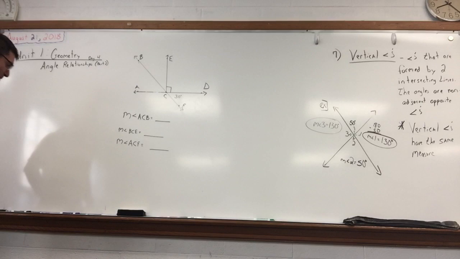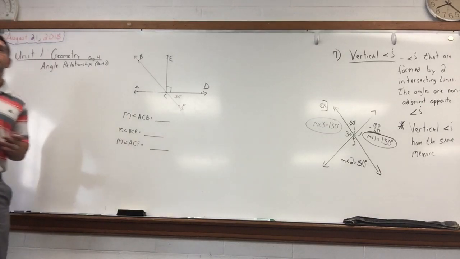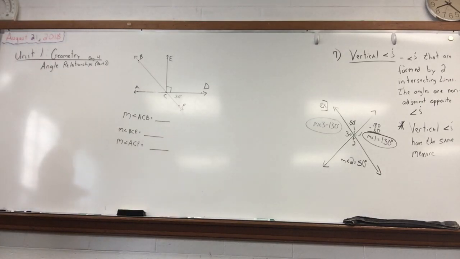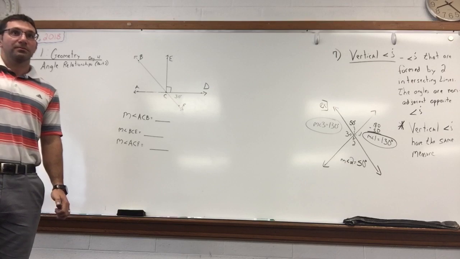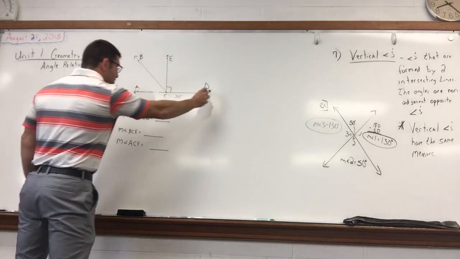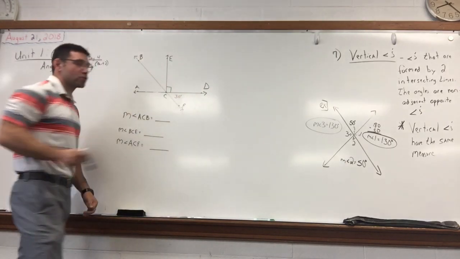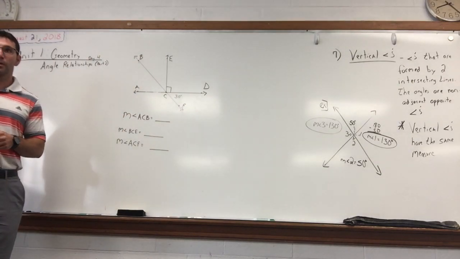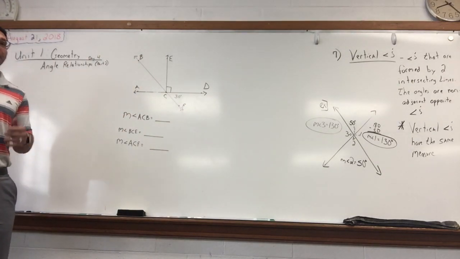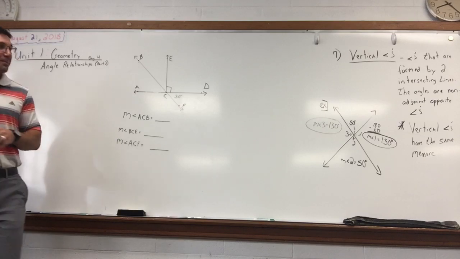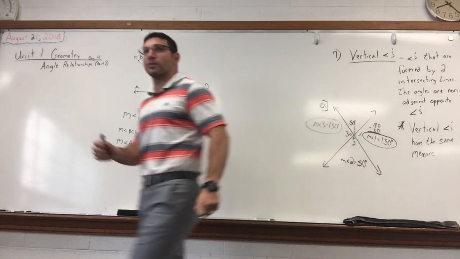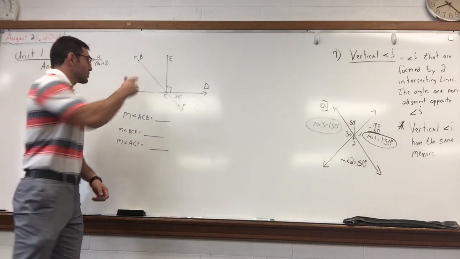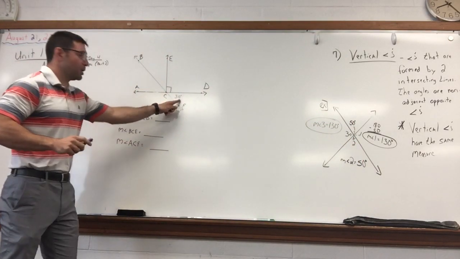Okay, so here's how I would attack this problem. Do I have straight lines? I want thumbs up, thumbs down. Do I have straight lines? I have this straight line. I have this straight line. Does everybody agree there? What I would look for is vertical angles. Why? Because I know they have the same measure. Vertical angles are formed by two straight lines. Here we go. I have 30 degrees.